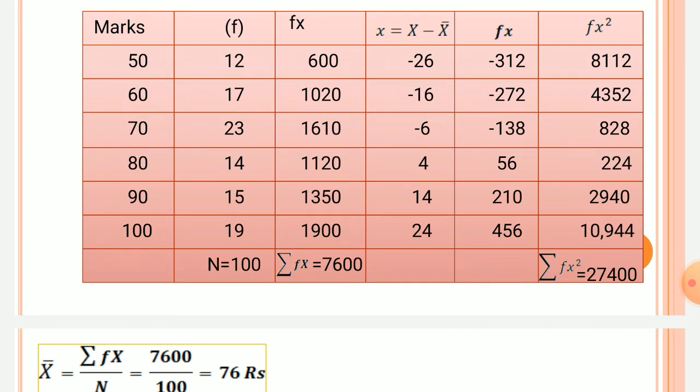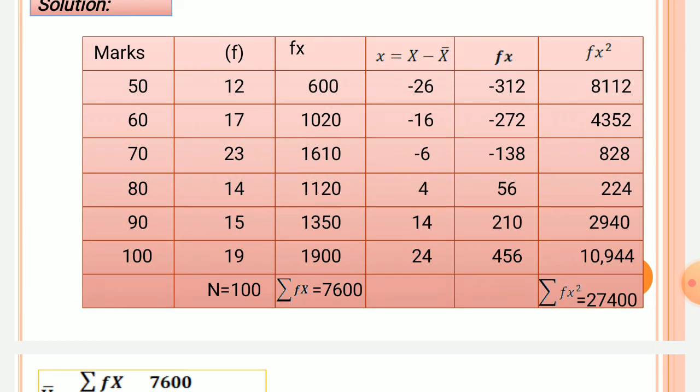So like that. And f into x square, fx into x is equal to fx square: minus 312 into minus 26 is 8112, minus 272 into minus 16 is 4352, minus 138 into minus 6 is 828.